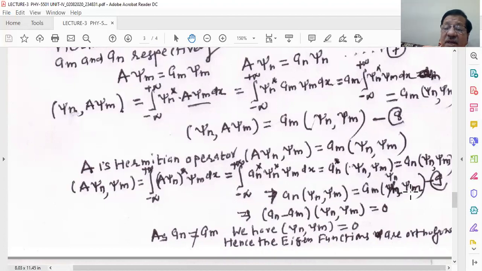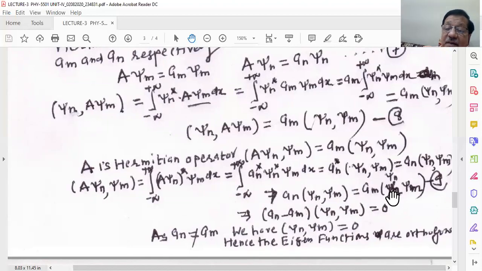This is very important, you have to understand this part. When you write down the equation, using equation numbers 8 and 9, this particular scalar product of psi n and psi m on the left hand side is also the same scalar product on the right hand side.